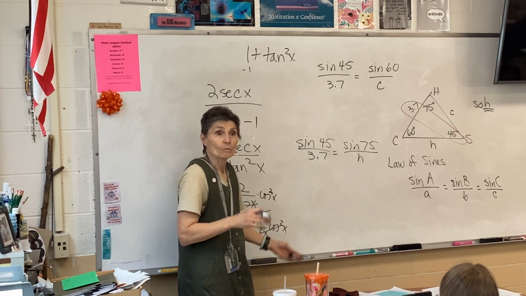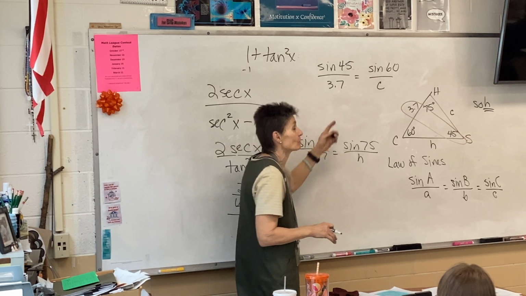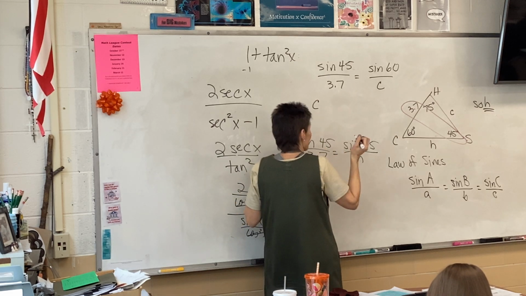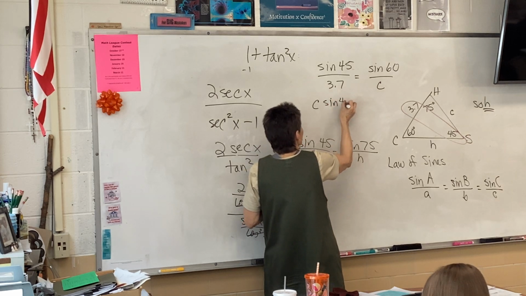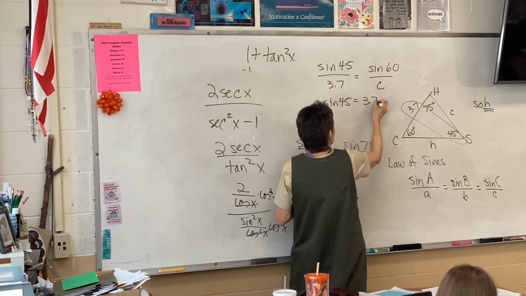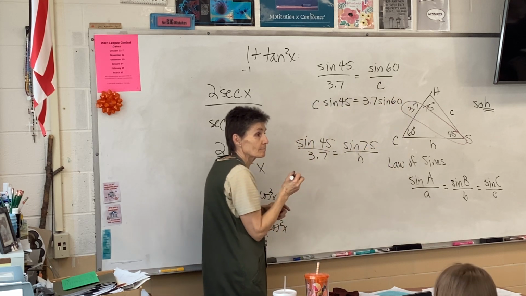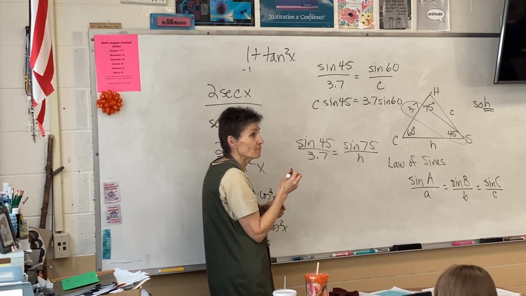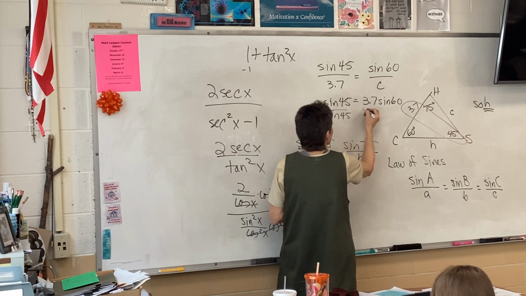Okay? So, how do you solve? This is called a proportion. How do you solve a proportion? Cross multiply. So I'll do the top one first. C sine 45 equals 3.7 sine 60. Wait, not yet, I'm solving for C, so I'm gonna divide by sine 45.